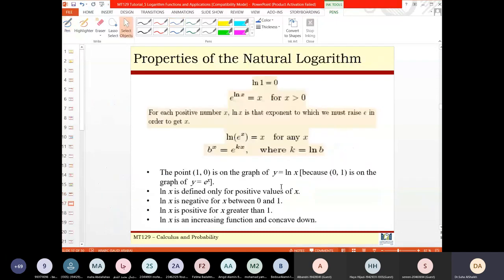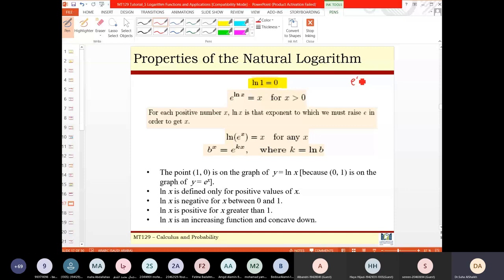So those are the rules or properties that we have for natural logarithms. First of all, ln of 1 is equal to 0, just as exponential of 0 is equal to 1. Again, this ln you can find on the calculator.